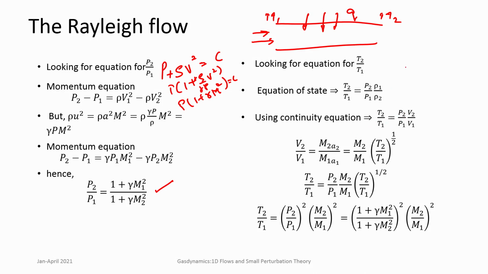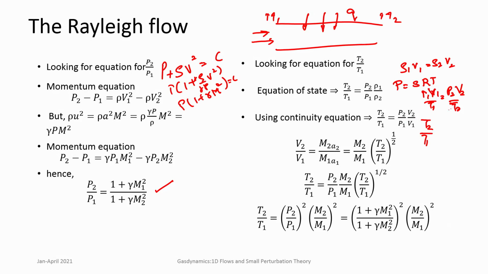Because rho 1 V1 is equal to rho 2 V2, and we also use P is equal to rho RT, combining them so that the continuity equation can be expressed in terms of pressure and temperature. Rho is P by T. So, P1 V1 by T1 is equal to P2 V2 by T2, where V is the velocity. From here we can get T2 by T1.